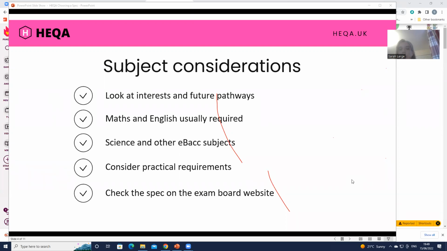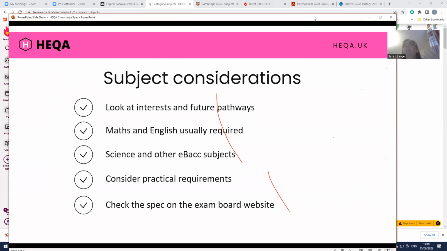So it's worth looking at the wiki. I've shown you the list of subjects. I'm scared to miss anything off it because it disappeared last time I did it. But it's worth checking out. We will put links up when we send out information afterwards.